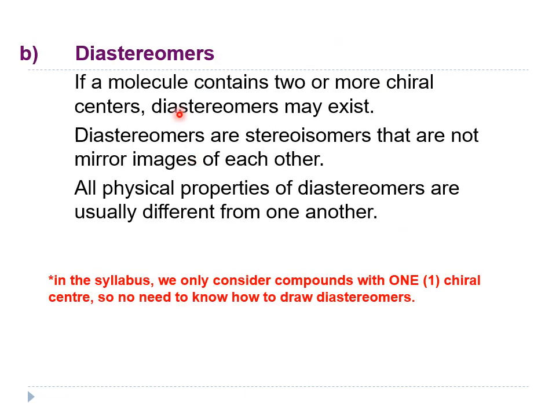Now, what is a diastereomer? Let's just read some notes about it. It's a molecule containing more than one chiral center. Diastereomers are not mirror images of each other. All physical properties are usually different.